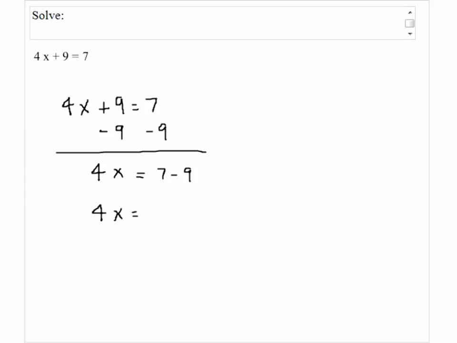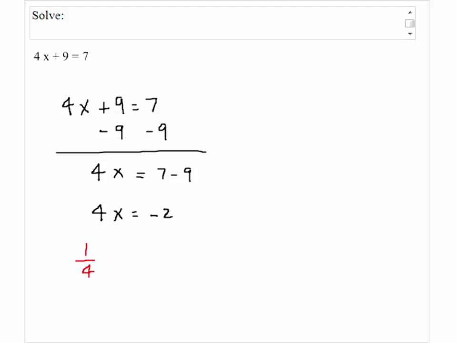So 4x would be equal to minus 2. Now to isolate x, I need to multiply both sides by the reciprocal of 4, which is 1 over 4, or divide both sides by 4.